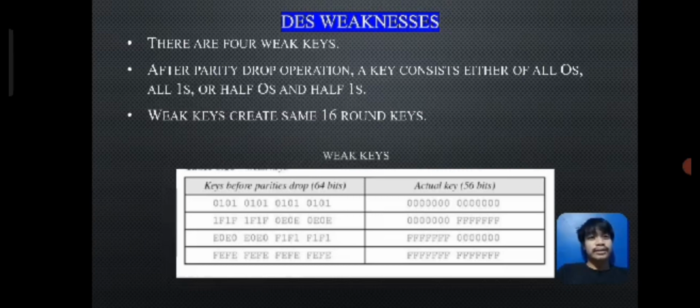Weak keys create the same 16 round keys. In this illustration, on the left side we see the key before the parity drop, 64 bits, and on the right side the actual key of 56 bits.